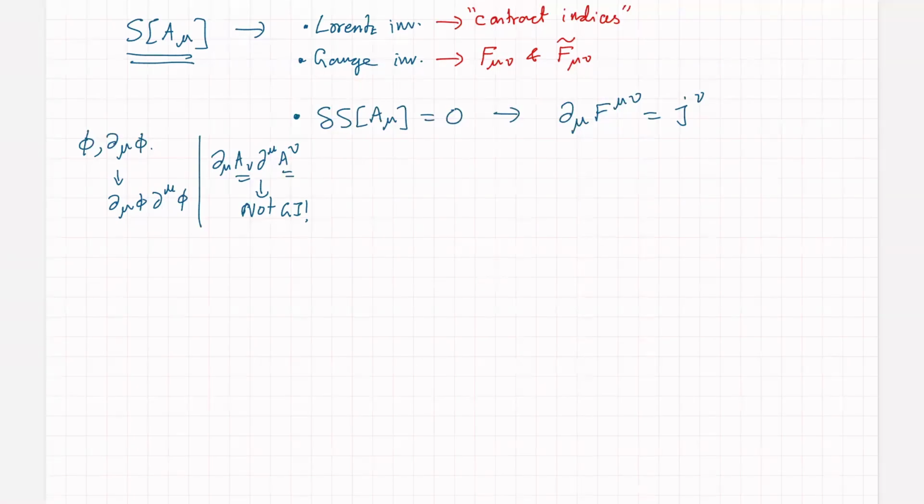Okay? That's the philosophy. And then finally, whatever action I construct, when I vary it and get the Euler-Lagrange equations, they have to agree with the inhomogeneous Maxwell's equation, because that's what it should be.